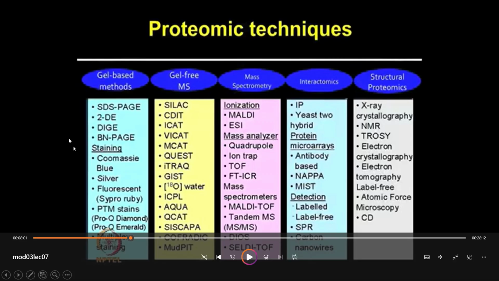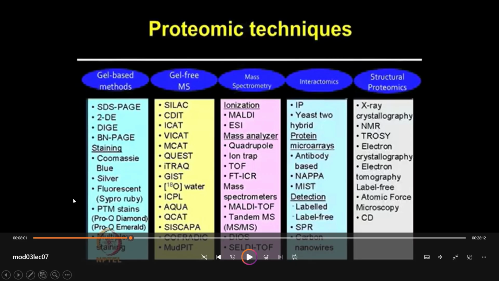So in this course, we are just dealing with gel-based methods of detecting or understanding proteins. That is either SDS-PAGE, two-dimensional electrophoresis, differential gel electrophoresis, or native PAGE, etc. So for doing this PAGE analysis, there are different staining dyes available.